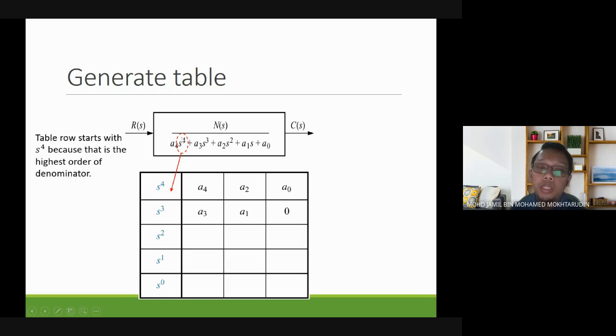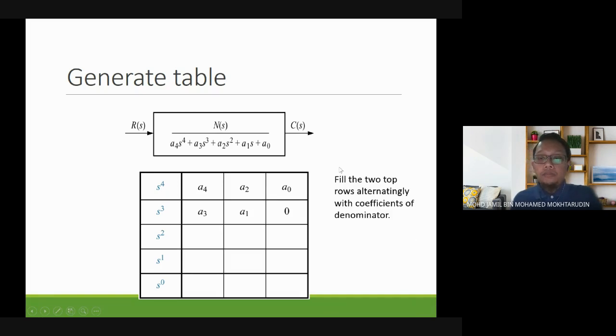Here the highest power is s power 4. So your table will start with s power 4, followed by s3, s2, s1, and s0.